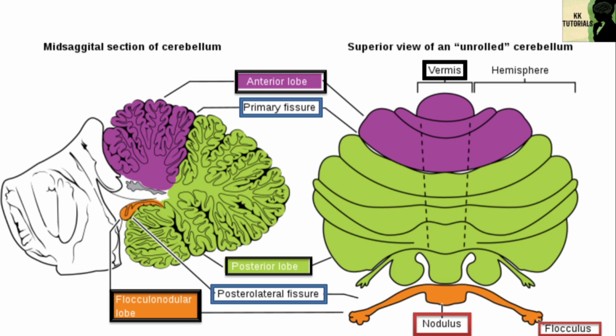This flocculus is associated with nodulus of the vermis. Together these two structures compose the vestibular part of the cerebellum. At its base, the flocculus receives input from the inner ear's vestibular system and regulates balance. Over 30 million neurons lie in cerebellar cortex. Three pairs of myelinated nerve bundles connect cerebellum to the other parts of central nervous system.